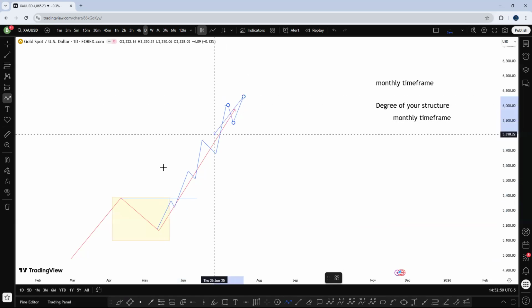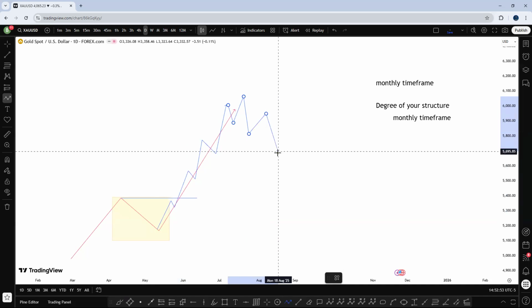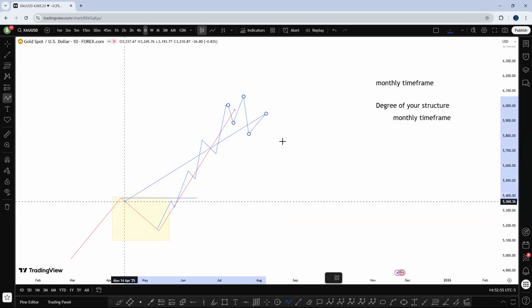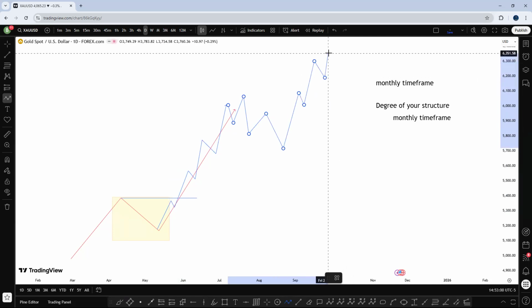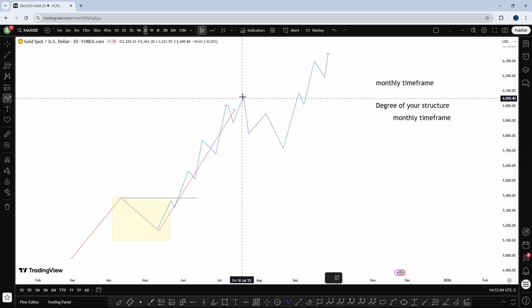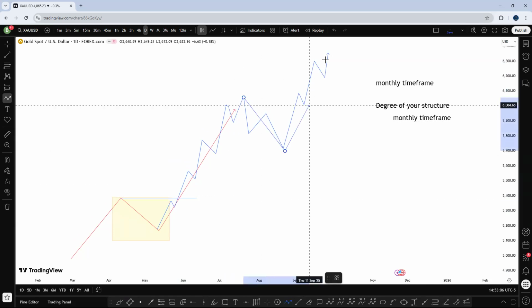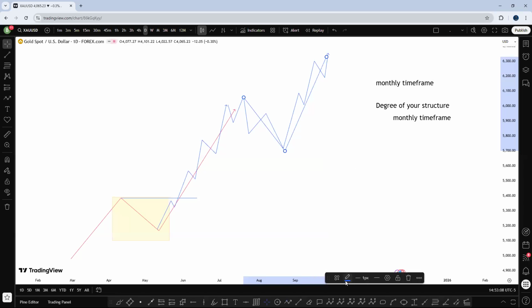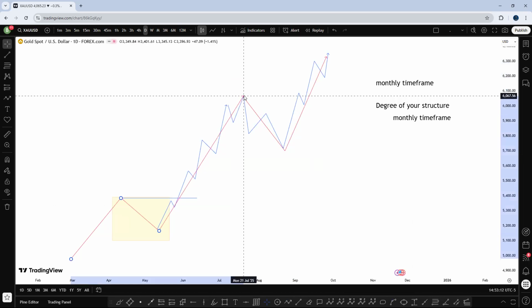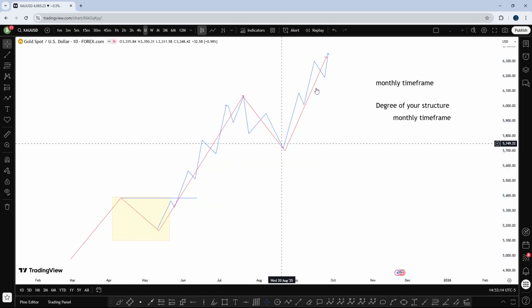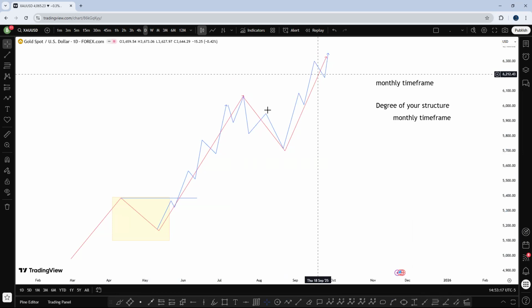Once this structure is broken, the market is going to create another pullback for the monthly time frame, and then continue to go higher. Meaning it will look like this, where the red color is your monthly time frame.